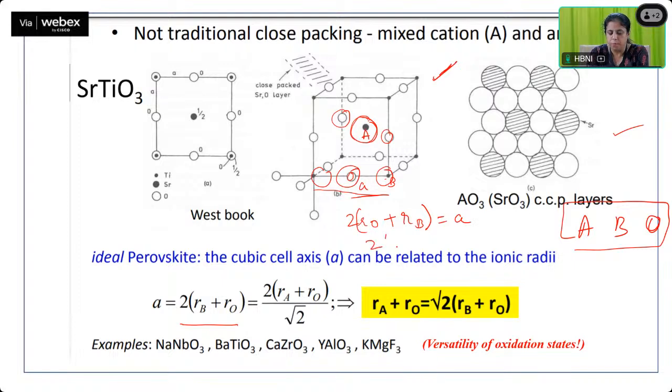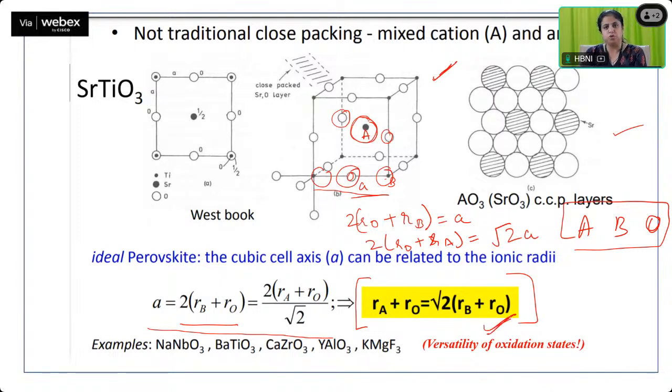So 2 RO plus RA is root 2 of A. This is what has been written here. Now all of them are equated. The relation that you get is RA plus RO is root 2 times RB plus RO. That means this relation has to be satisfied if you want a cubic ABO3.